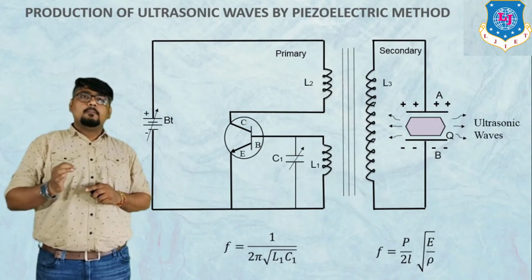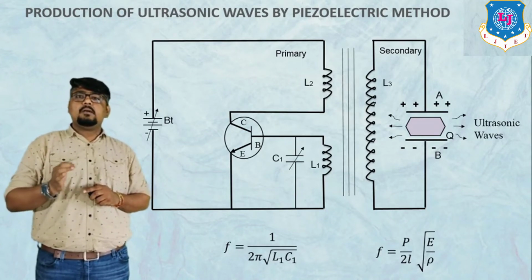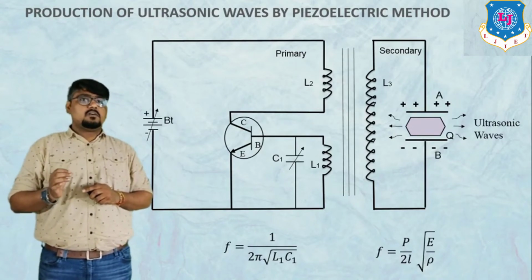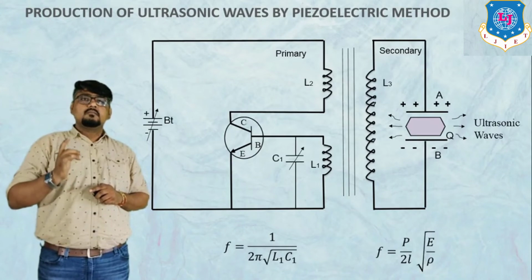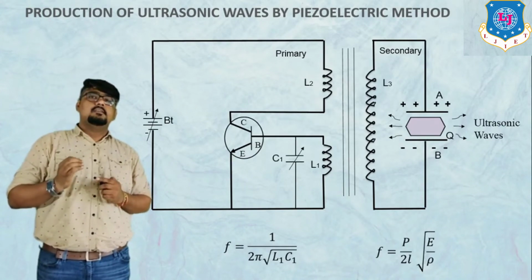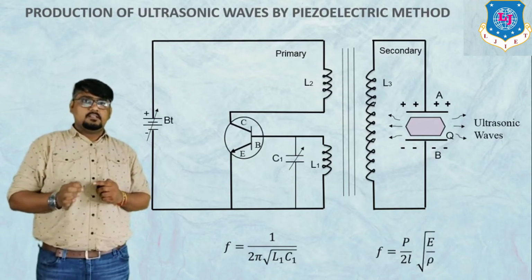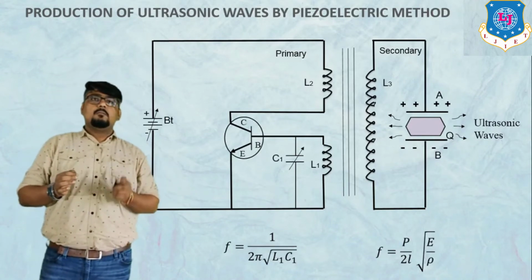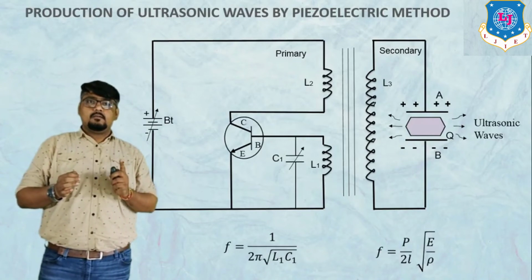Over here p is the number of fundamental nodes, L is the thickness of the crystal, E is the Young's modulus of the crystal, and rho is the density of the crystal. This is the method for production of ultrasonic waves by the piezoelectric method.